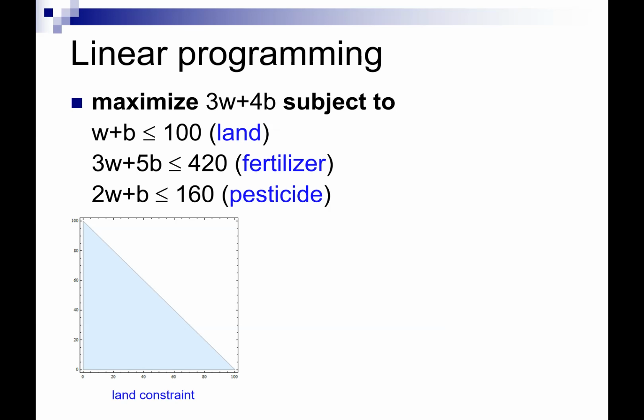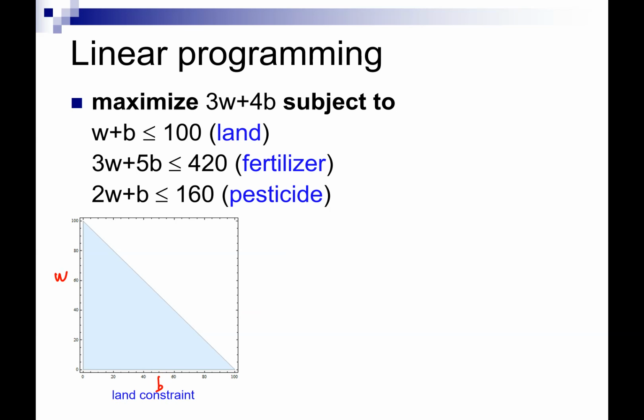So for example, if we want to look at the land constraint, then we can make a two-dimensional plot where one of the dimensions is wheat and the other one is barley. Let's say that this vertical one here is going to be wheat, and this one is going to be barley over here. We need to make sure that W plus B is at most 100.